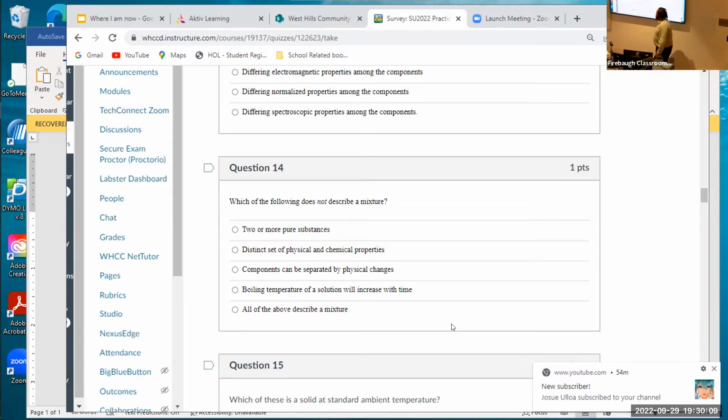So the boiling point of a solution, now, does this describe a mixture? The boiling point of a solution will increase with time. They're saying if I have a mixture of a solution and I add something to it, is that going to have an effect on its boiling?